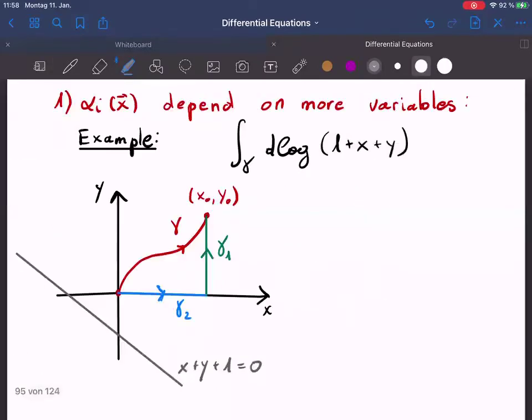For example, you can choose these two paths, gamma 2 and gamma 1, as shown here, moving along directions where one of the coordinates is constant. Note that I can easily deform the path gamma, in red, to gamma 2, gamma 1, without crossing the gray line, where the singularity is. If my path had to cross this line, I could not continuously deform it. Here I can, no problem.